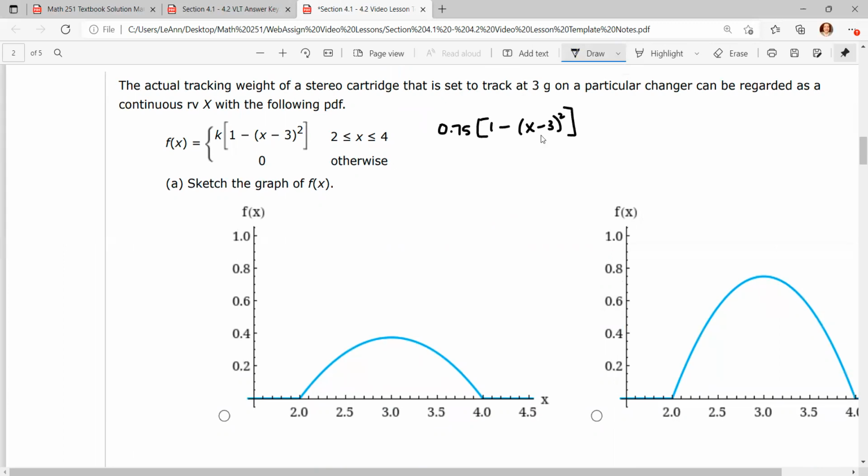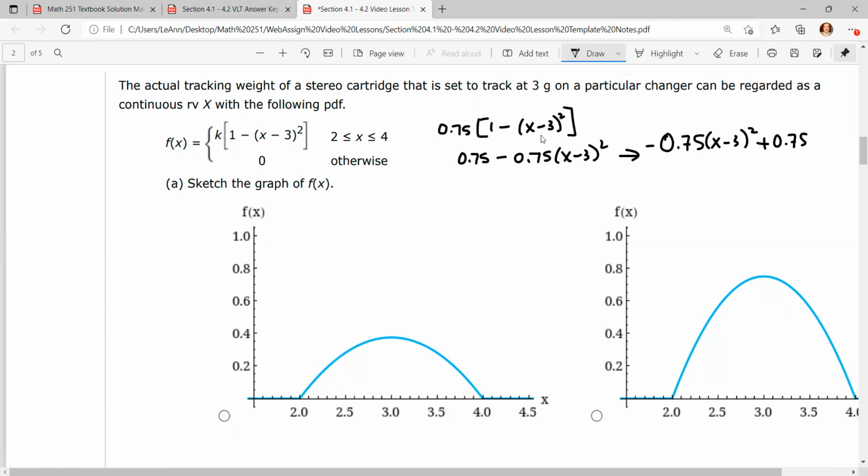And if we distribute this, this is 0.75 minus 0.75 x minus 3 squared. I like to write it a little bit differently. So this is a negative 0.75 x minus 3 squared plus 0.75.